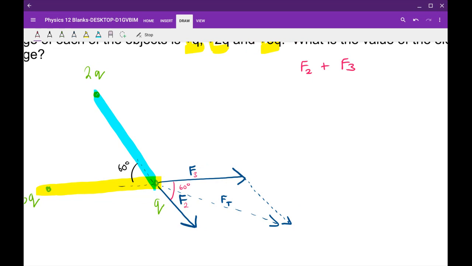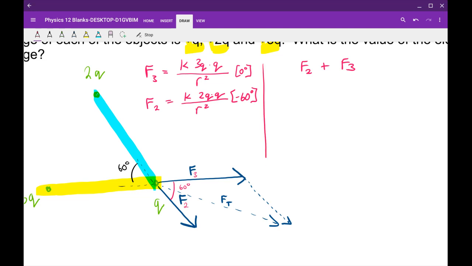Now, basically, I'm going to write down that F3 is equal to K, 3Q times Q over R squared, and I'm going to put that at 0 degrees. And F2 is equal to K, 2Q times Q over R squared at negative 60 degrees. You okay with that?